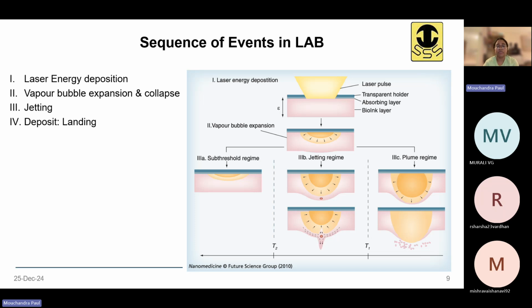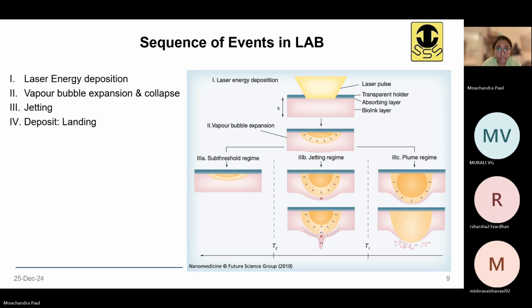When jet is formed, meaning a continuous stream of droplets, 3B. And 3C, when instead of one single stream of droplets, you get spraying of droplets. These are the three conditions, and it is all governed by the gamma value.